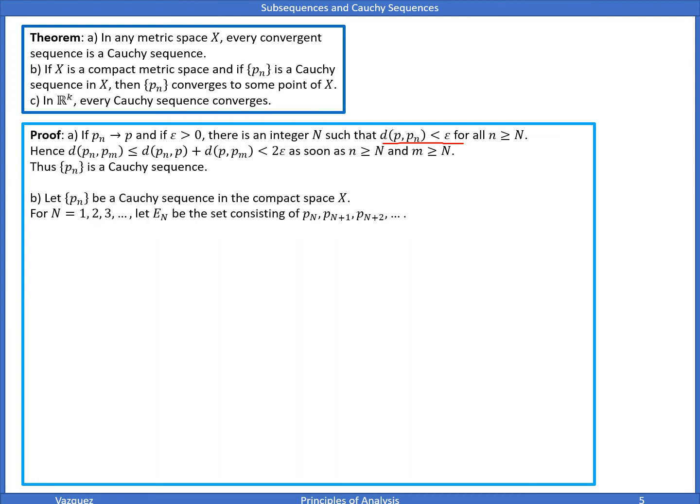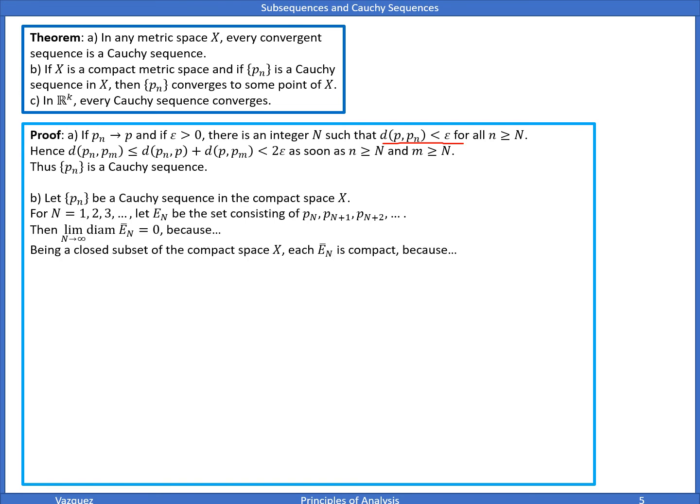For n equal to 1 all the way to infinity, let E sub n be the set consisting of P sub n plus 1, and so on and so forth. Then as we saw, the diameter of the closure of E sub n is equal to 0, because we just saw that, right?